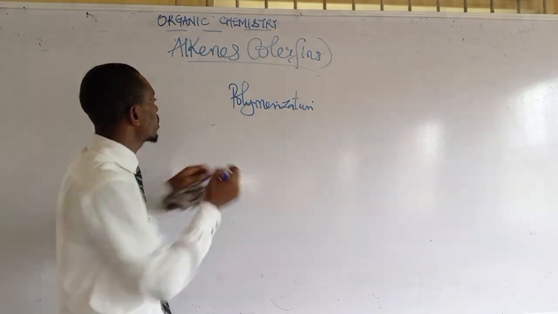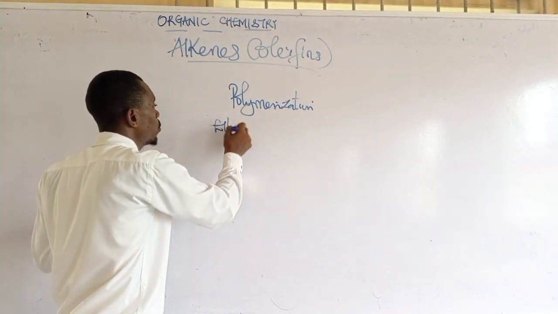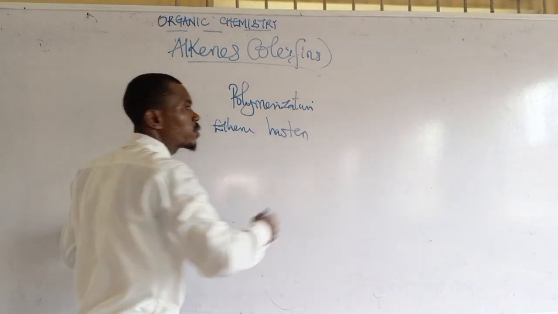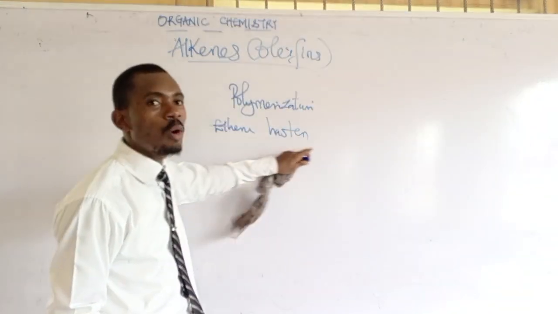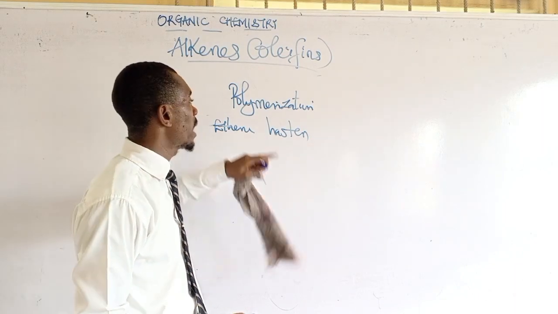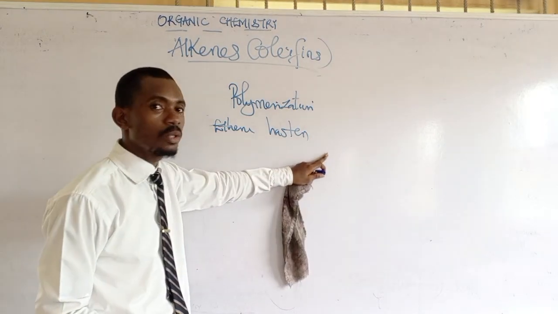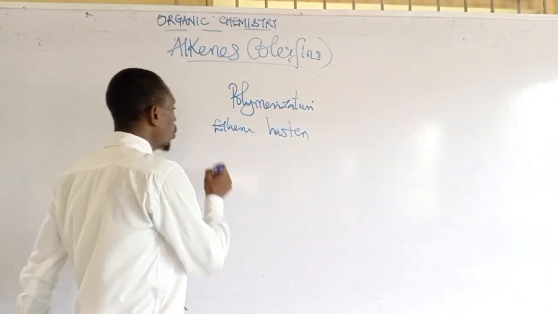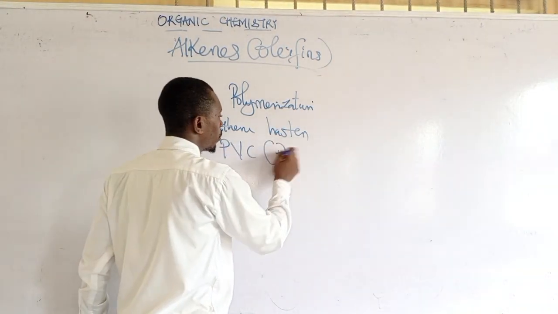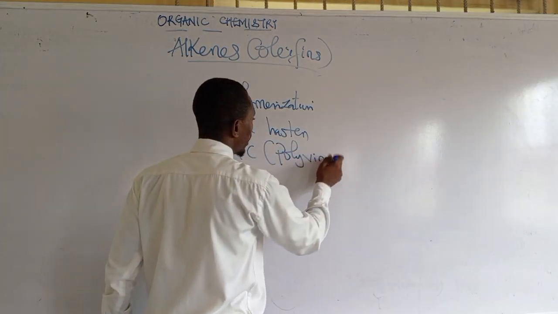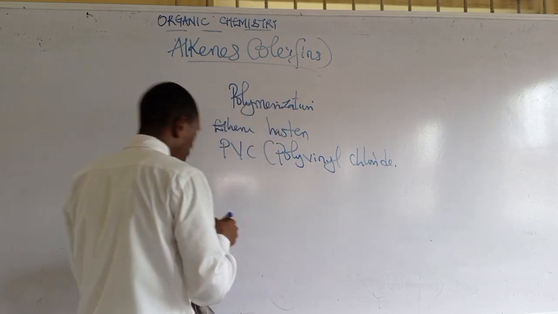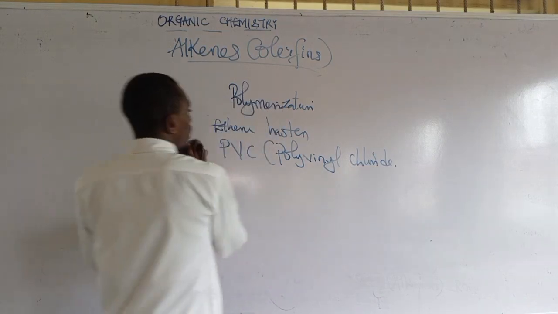Ethene is used to hasten, that is to speed up, the ripening of fruits or agricultural products. It could also be used to form polyvinyl chloride. That is another important use of ethene.